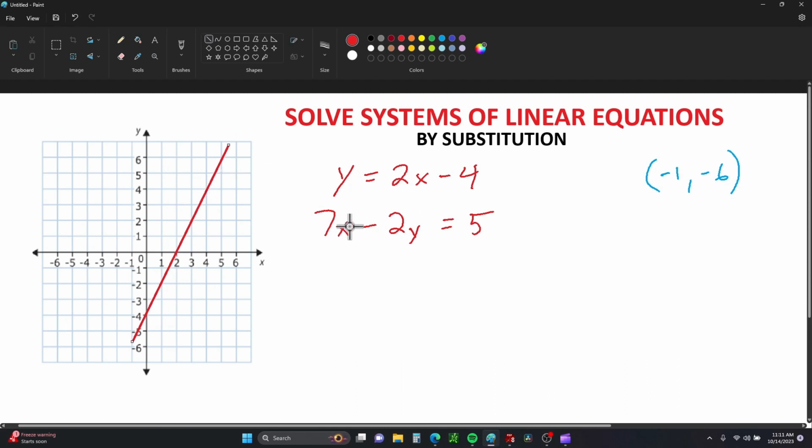And then the second line, I have to change that into y equals mx plus b form. So the first thing that I need to do is get the y on its own. So I'm going to subtract 7x from both sides.